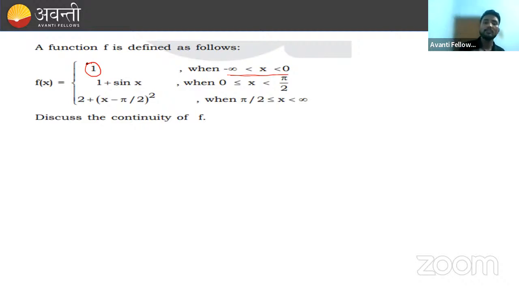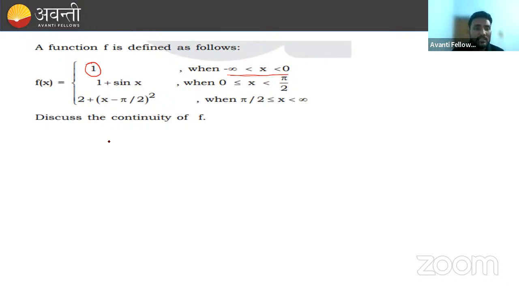From 0 to pi by 2 it is 1 plus sine x, but from pi by 2 the function changes again. The basic idea is that you just need to care about the points where the function is changing, and check the continuity of the function at those points only.